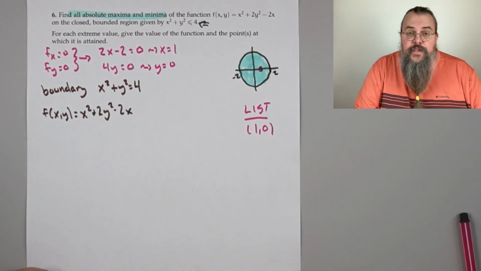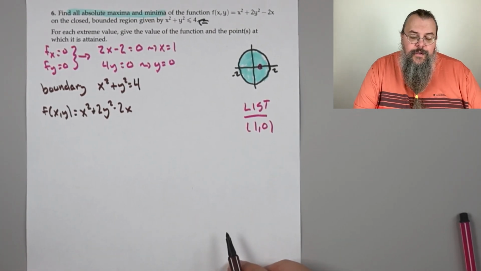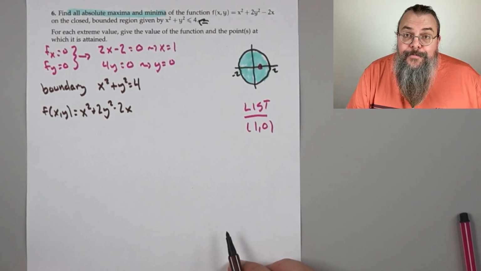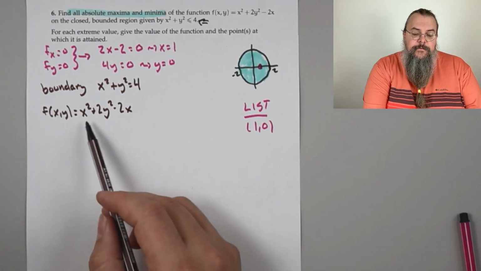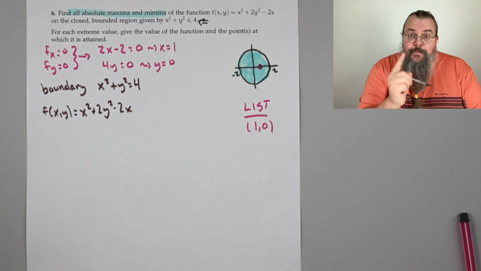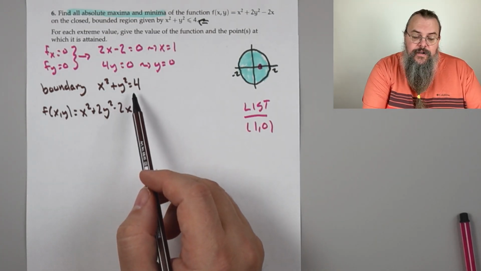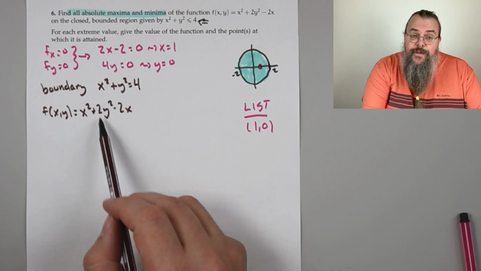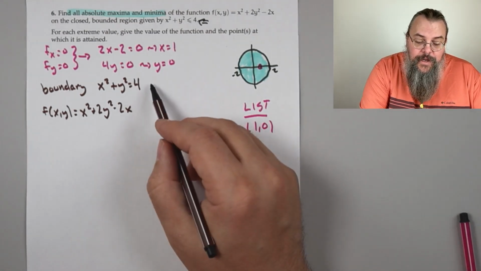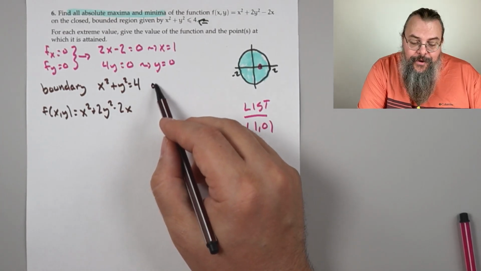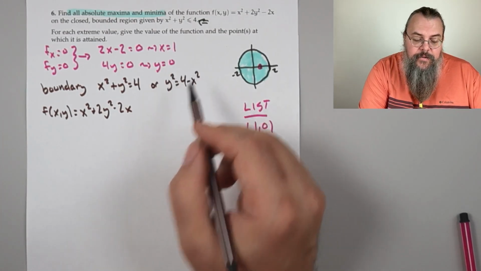I want a function with 1 variable. 1 variable to rule them all. So, can we rewrite our function in terms of 1 variable, knowing that x squared plus y squared equals 4? Notice there's only one place y shows up, and it's as y squared. So that's ideal. We could say y squared is 4 minus x squared.